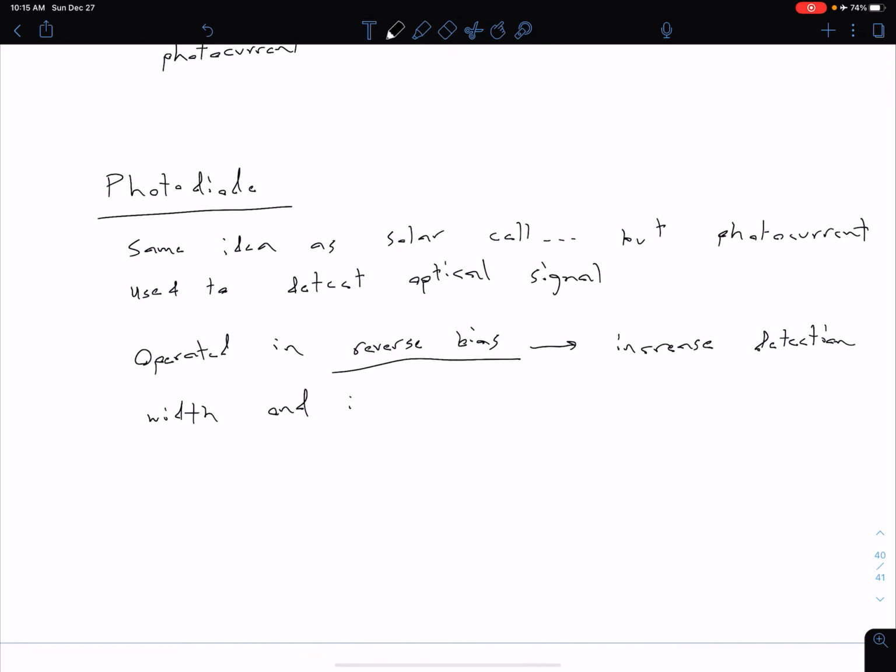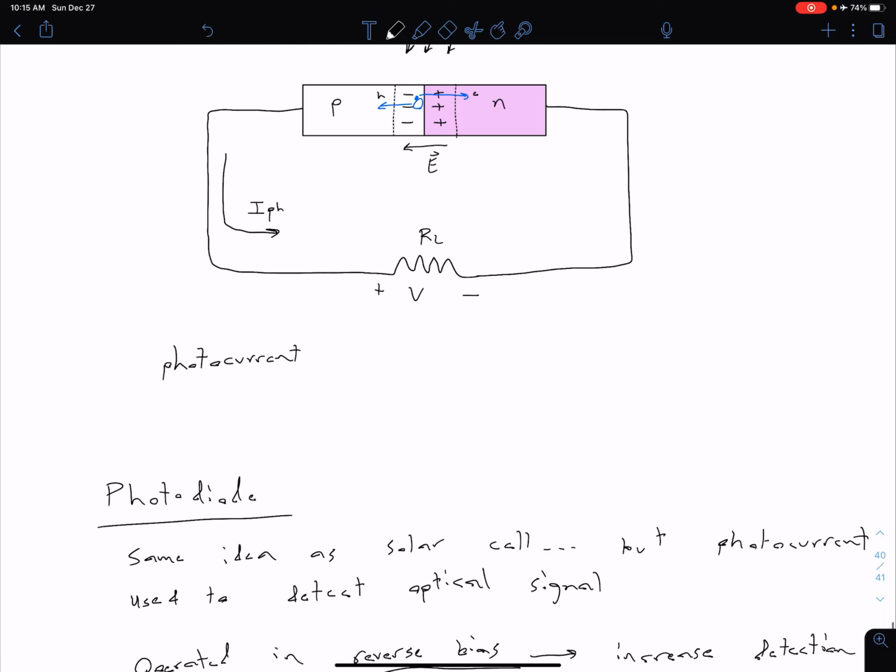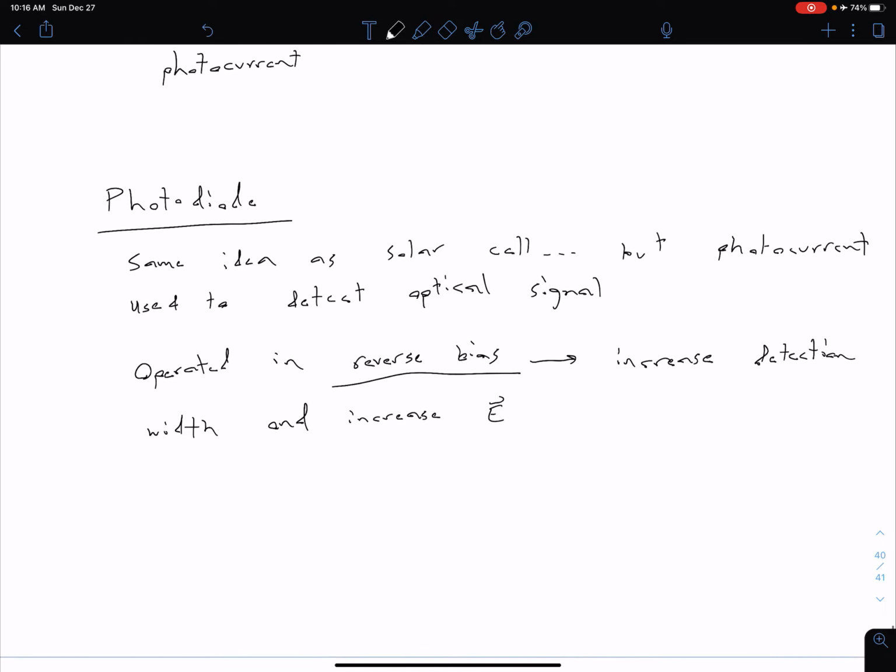In doing so, we're also increasing the electric field, which means we have more chance of pulling these electrons and holes out of the depletion width before they're able to recombine with other free electrons or free holes.